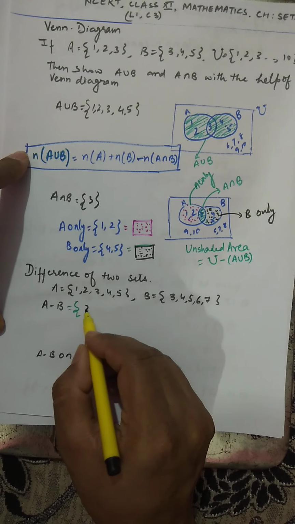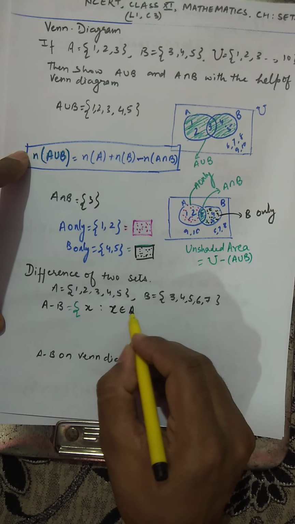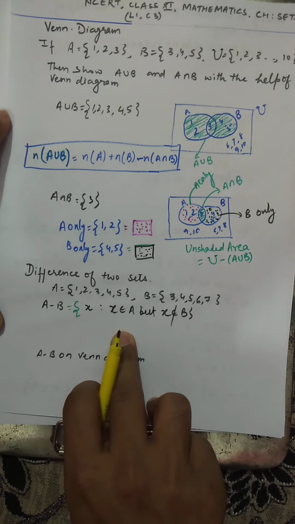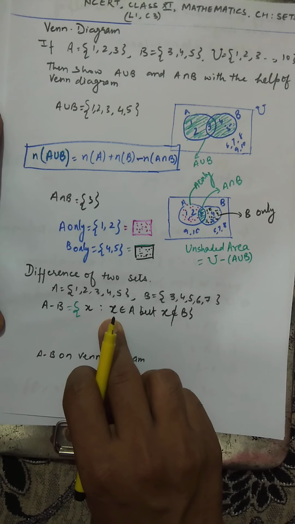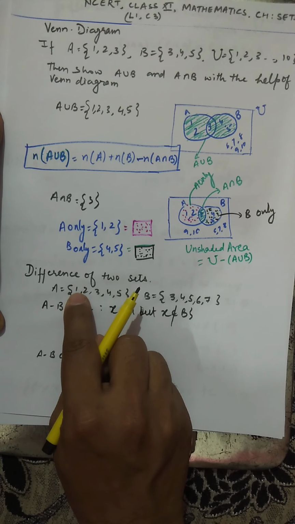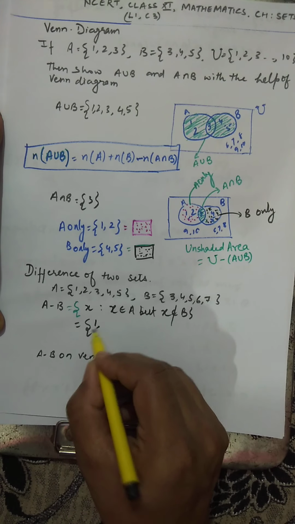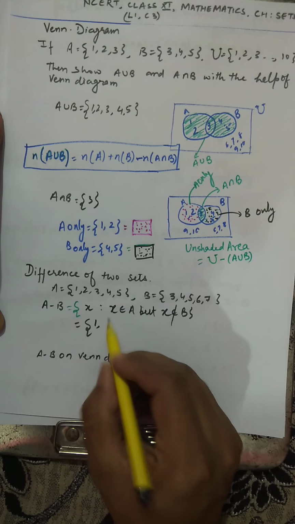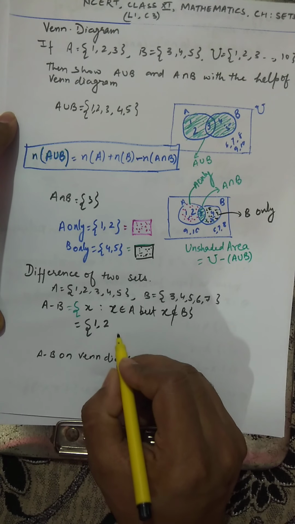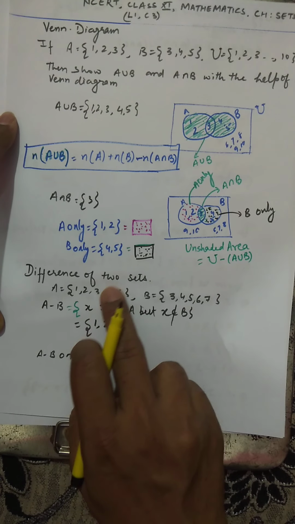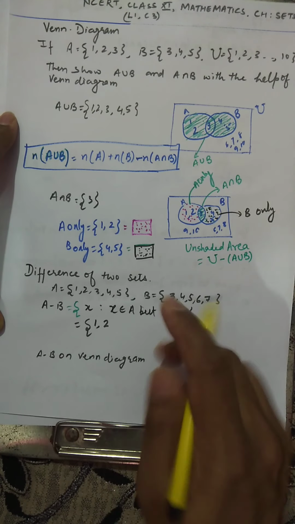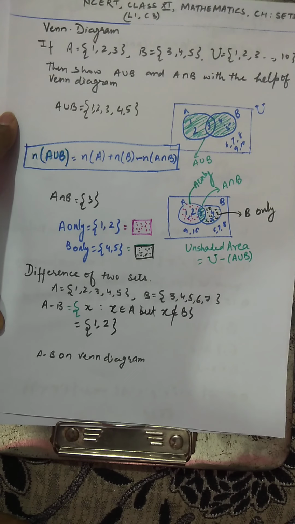A minus B means x belongs to A, but x does not belong to B. So you can take all elements of A, but the condition is that they should not be in B. For example, 1 I can take in A minus B because 1 is not in B. Next I can take 2 also because 2 is in A but 2 is not in B. 3 I cannot take because 3 is in A but 3 is also in B. 4 I cannot take. 5 I cannot take. So A minus B will have only 1, 2.